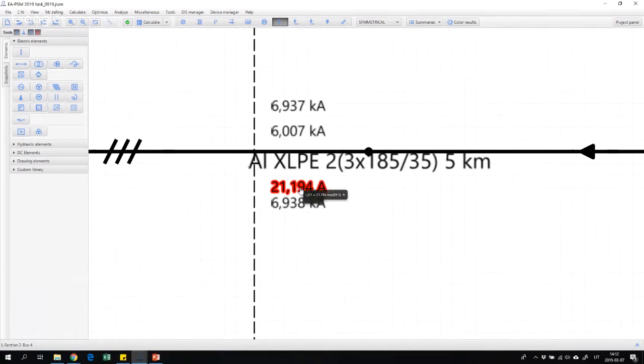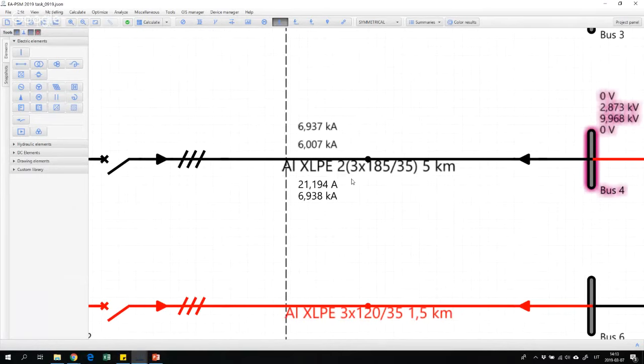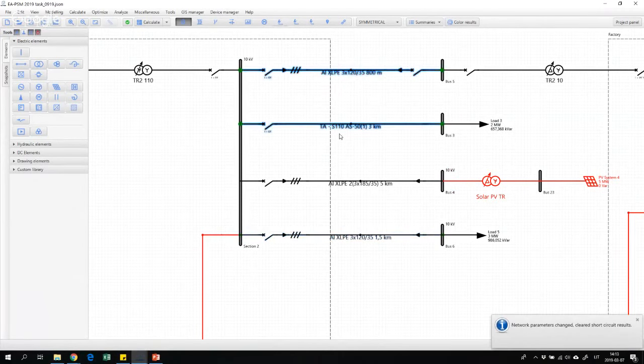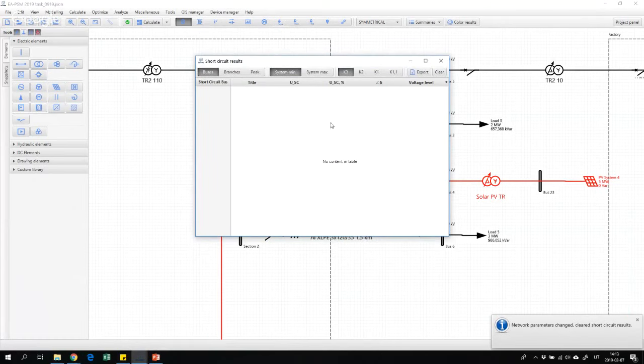And it's mainly again capacitive. I can see this by the current vector, but there is some part of active current. Again, this is because each cable has losses, and those losses create an active current part. So it's inevitable to have also active current in case of one-phase short circuit in an isolated neutral network.